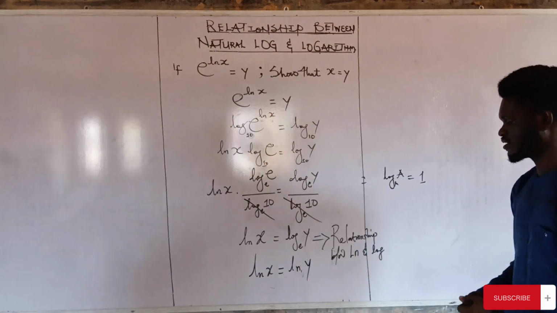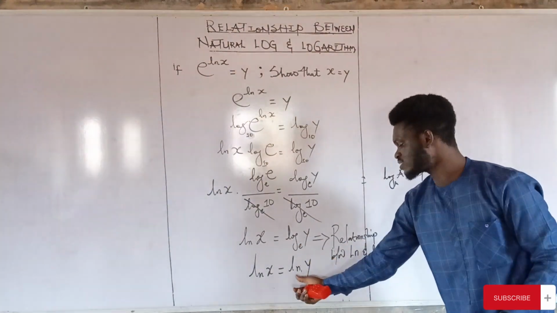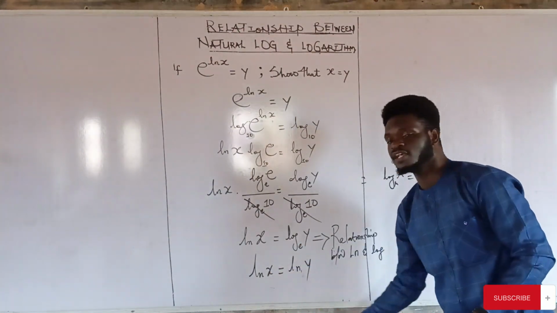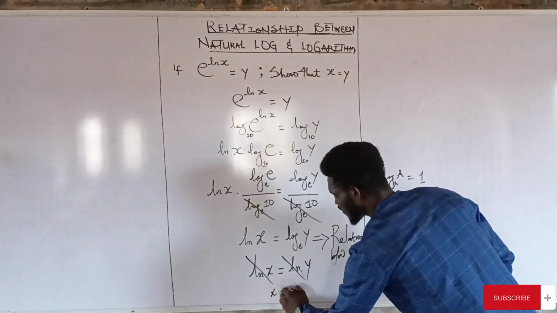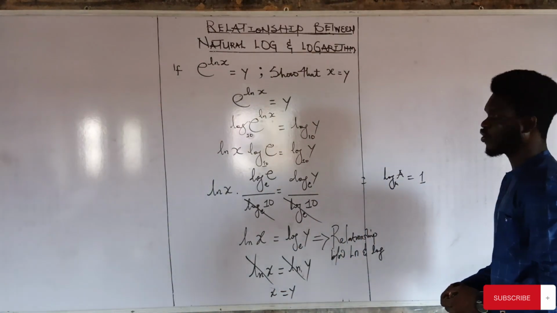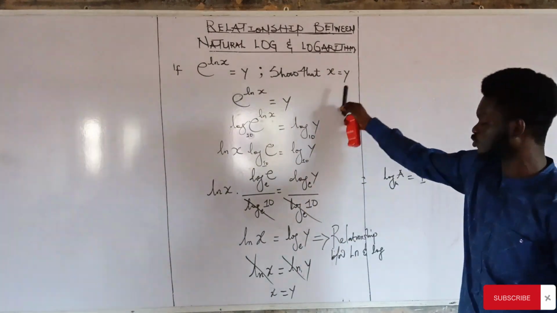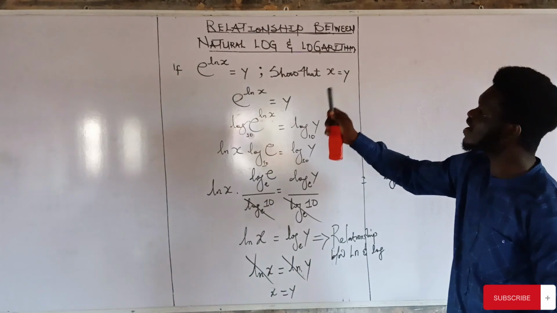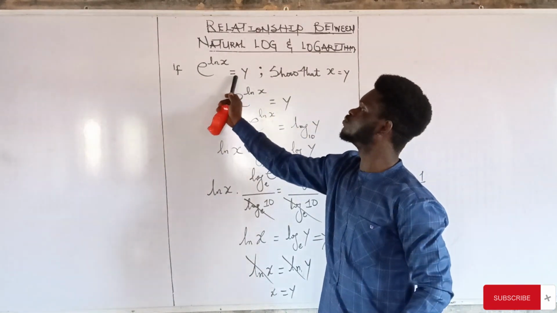Yes, you can say this, because log to the base of e means ln. So you can say ln x is equal to ln y. And when we add that, what happens? ln cancels out, and we finally have that x is equal to y. So this is exactly what they want us to show, that x is equal to y. So whenever you see e raised to the ln of x, it must be equal to y.